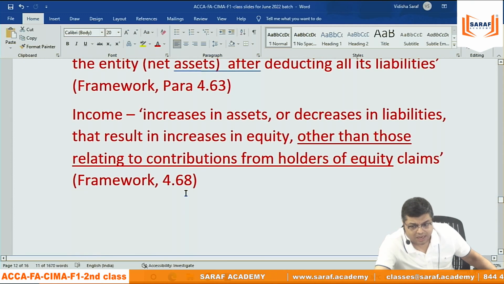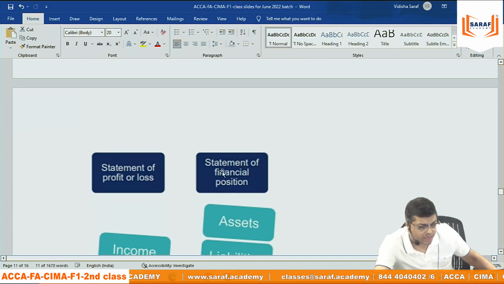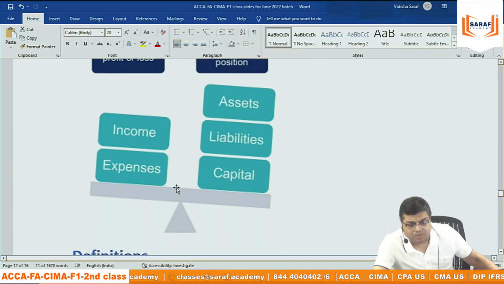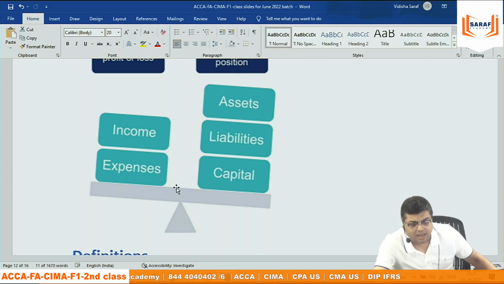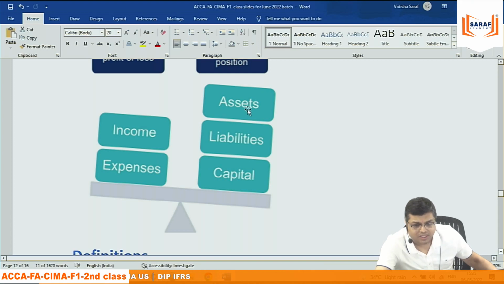Income and expense are recorded in the PL account. Assets, liability and equity are recorded in the balance sheet. These are all called elements of the financial statement. Elements: assets, liability, income, expenditure and equity. You will say cash is a part of assets only.